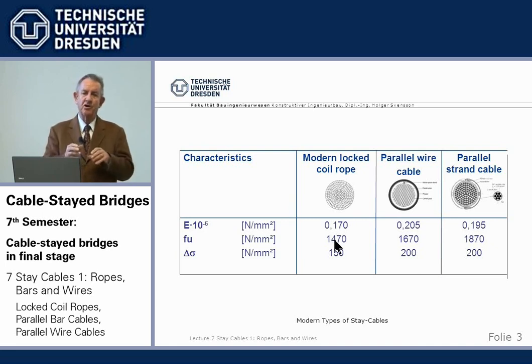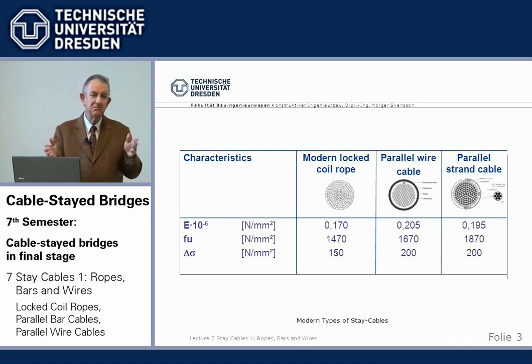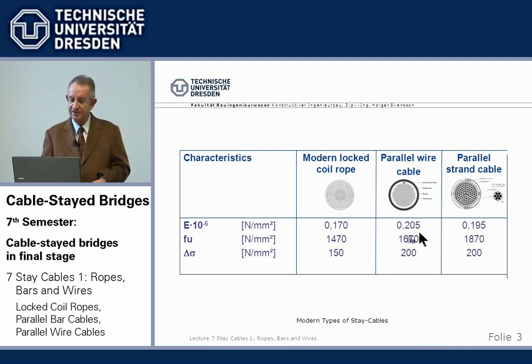They are drawn differently. If I draw a diameter from, say, starting a 10 millimeter bar to 7 millimeters, then I increase the strength to 1470. If I go on pulling through holes, so to say, to 6.5 millimeters, quarter inch, then I increase the strength to 1670.